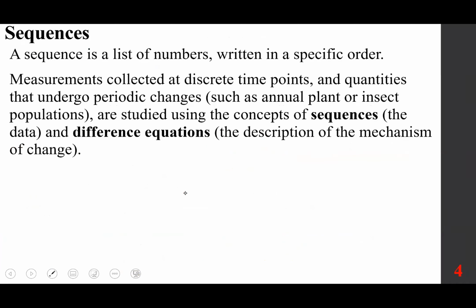Let's recap the definitions with a little bit more details. A sequence is a list of numbers, as it was mentioned, written in a specific order. Measurements collected at discrete time points and quantities that undergo periodic changes, such as annual plant or insect populations, are studied using the concept of sequences or the data and difference equations, the description of the mechanism of change.